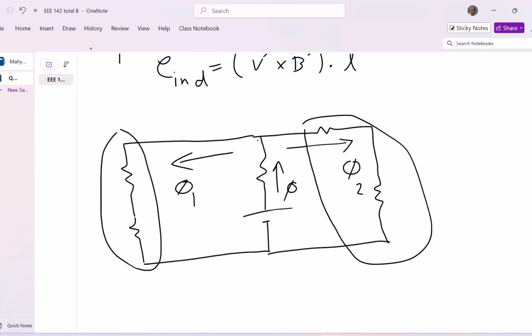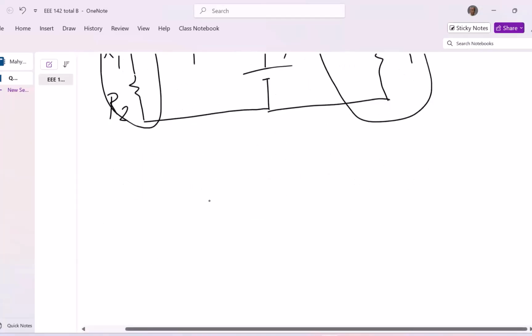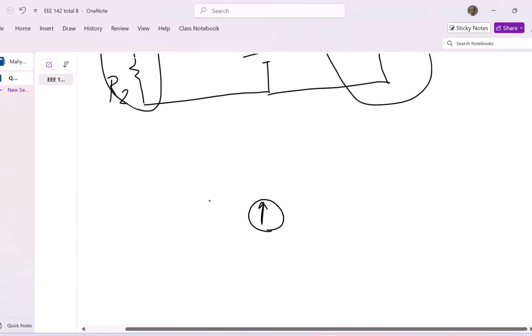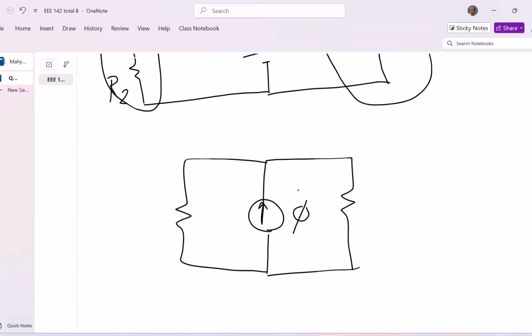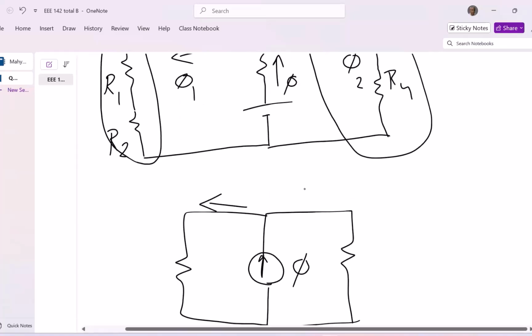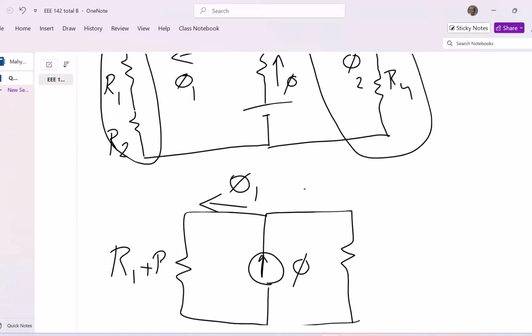And if this is like R1, R2, R3, and R4, it's as if you're having a current source, having the source of I, which is going to be divided into 2 paths. So phi 1 would go through R1 plus R2. Phi 2 would go through R3 plus R4.